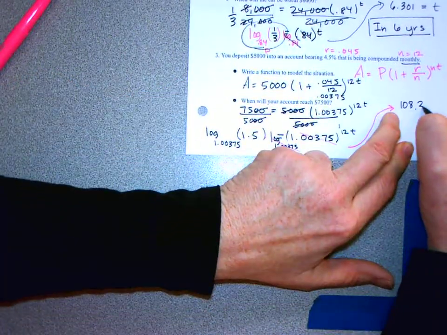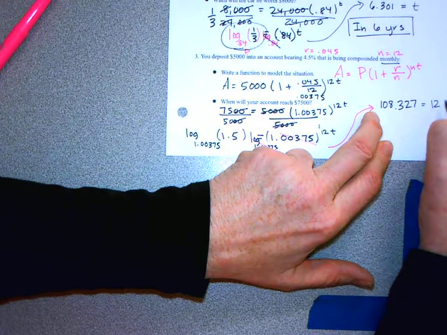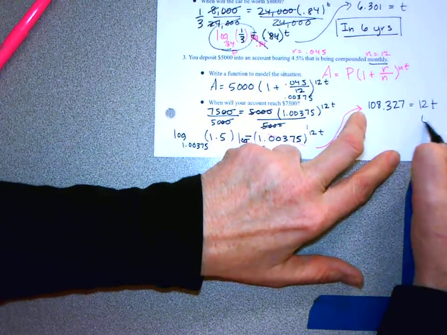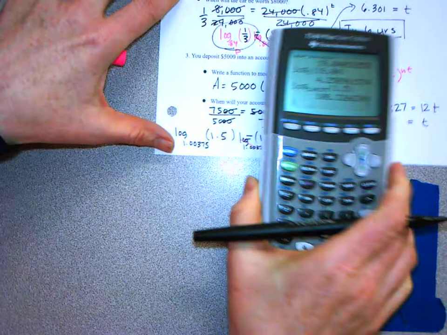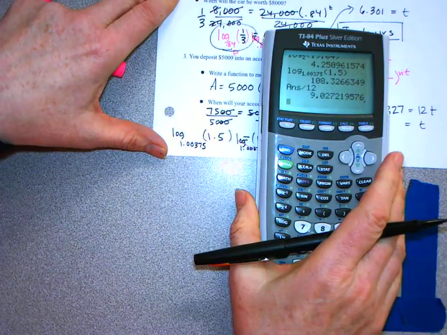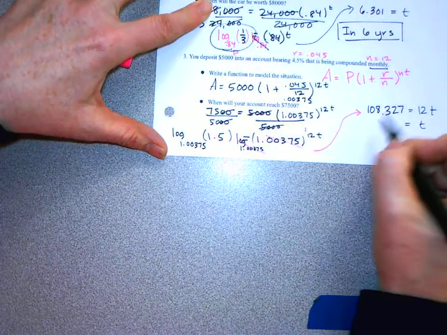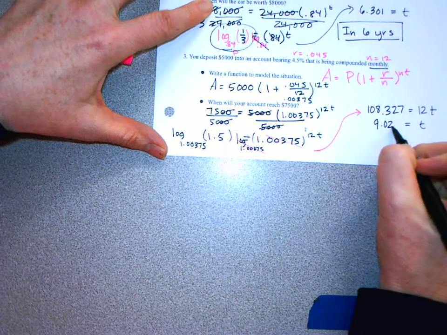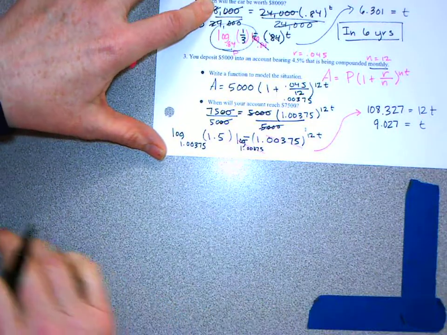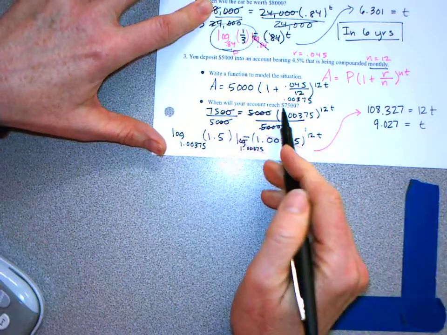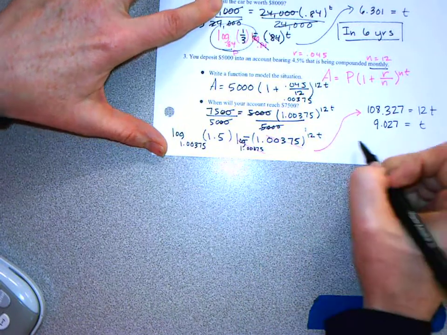Now I'm going to divide both sides by 12, so t equals 9.02. So the question is, when will your account reach 7,500? So about 9 years at this rate of interest.